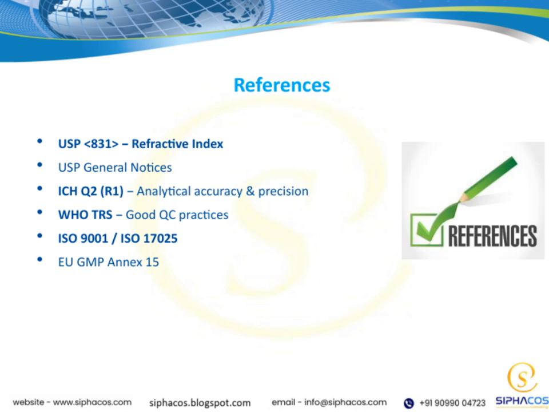Lastly, EU GMP Annex 15 outlines requirements for quality documentation and validation, ensuring that our manufacturing practices meet stringent European standards. All of these references are interconnected, forming a solid foundation for our quality assurance efforts and helping us maintain the highest standards in our work.